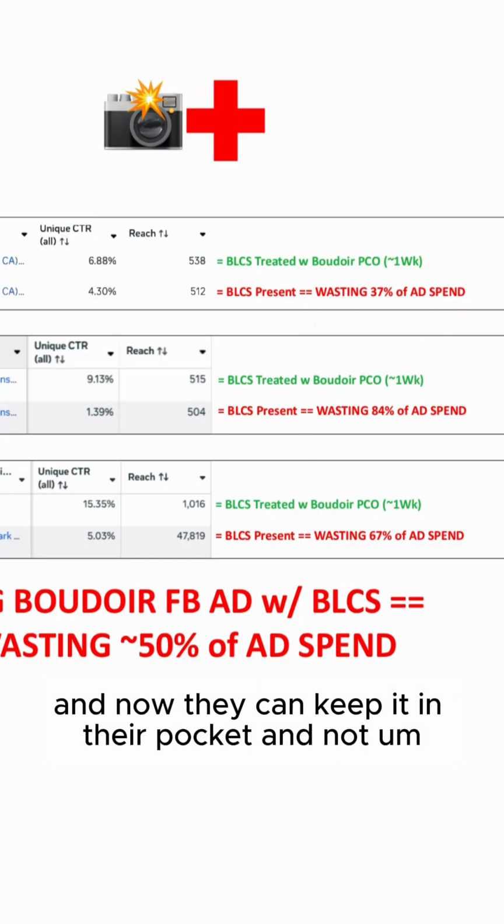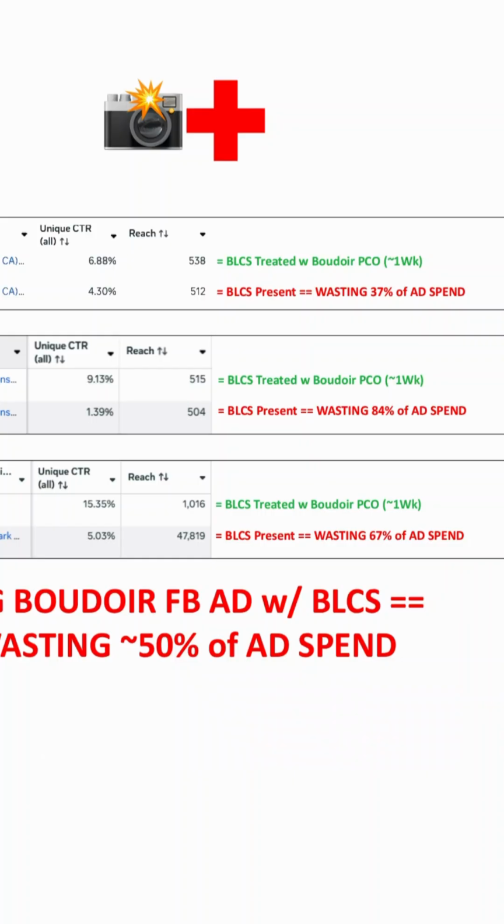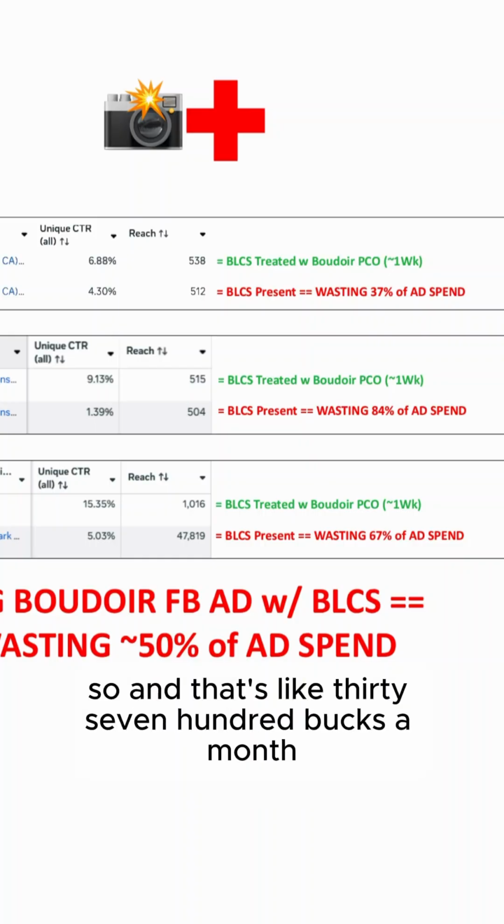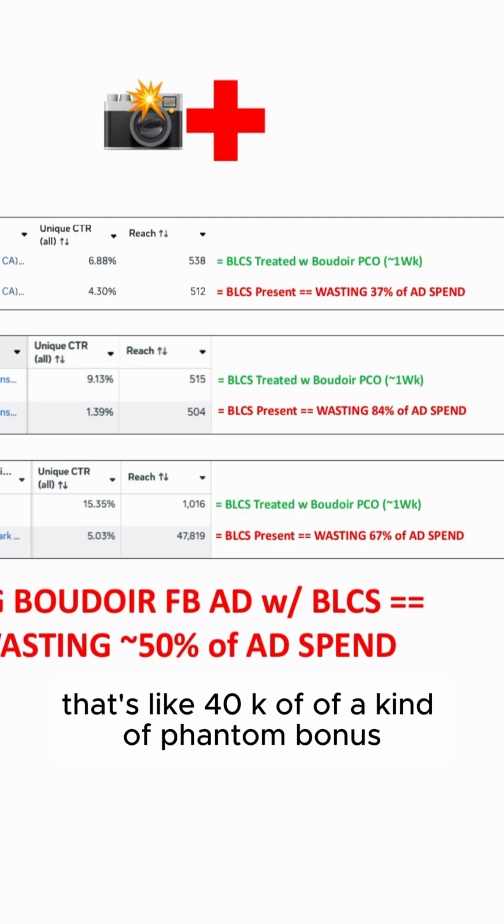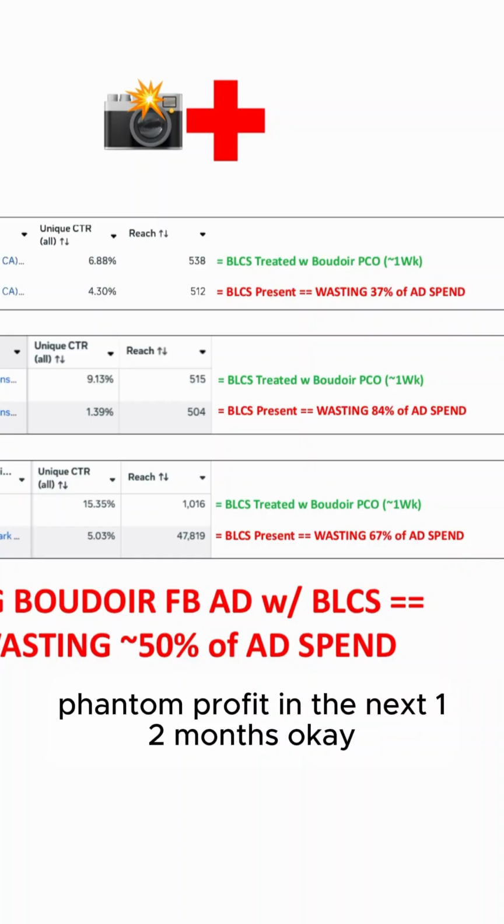Now they can keep it in their pocket and not waste it. That's like 40K of phantom profit in the next 12 months.